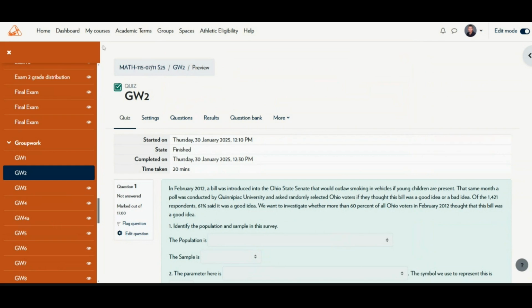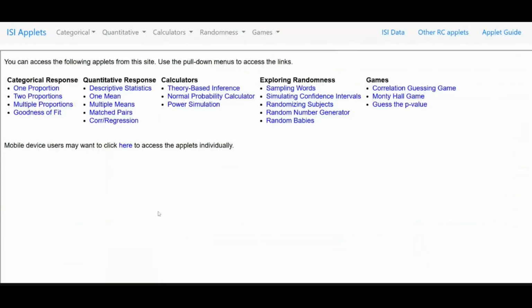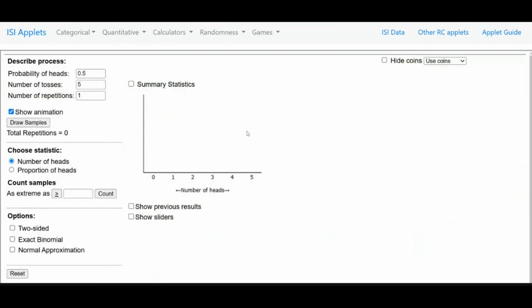So I think for now, I will just quickly review the things that I expected you to be able to know. Let's look at the applet together. Why don't you tell me what goes in the probability of heads in the Ohio context? Can you tell me what number should have been there? 0.6, good.